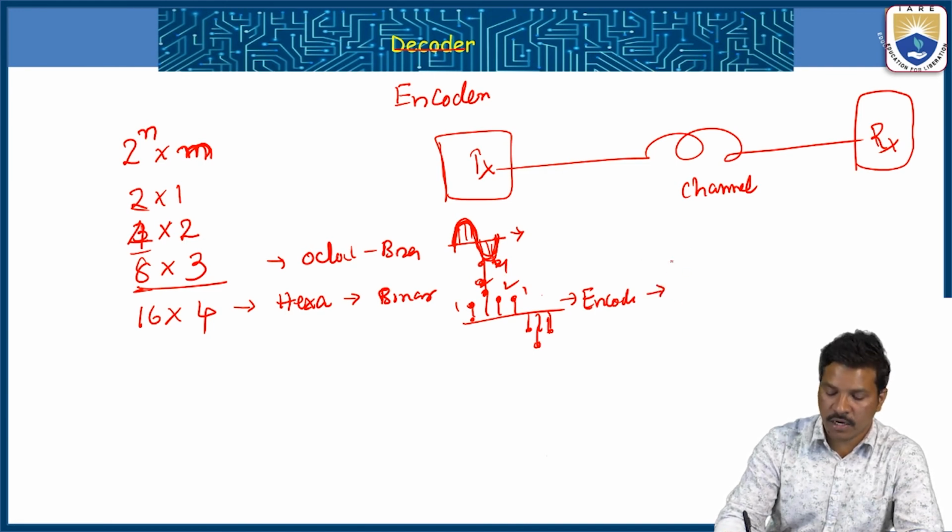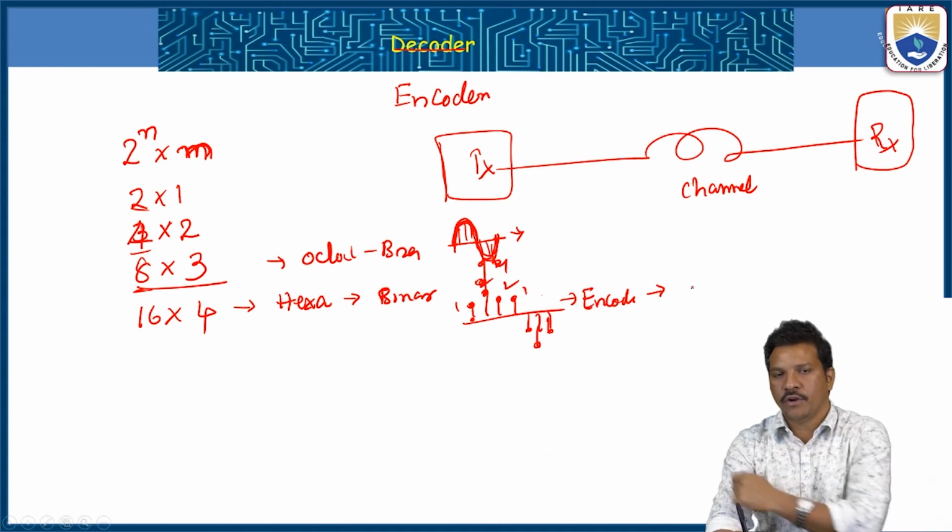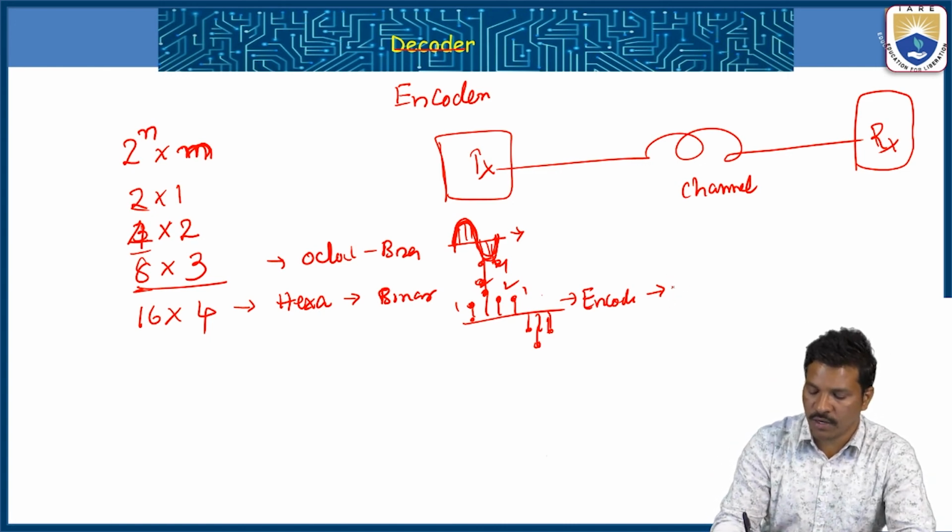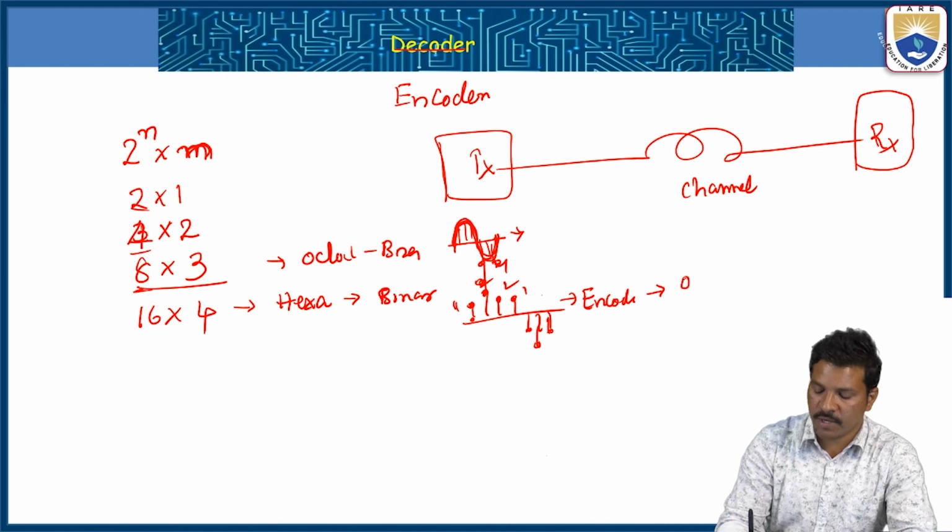For example, an octal encoder having 8 to 3 conversion. This one is represented by 3 bits, 0 0 1, followed by the next 4 converted to 1 0 0, the next 2 converted to 0 1 0, the next 1 converted to 0 0 1.